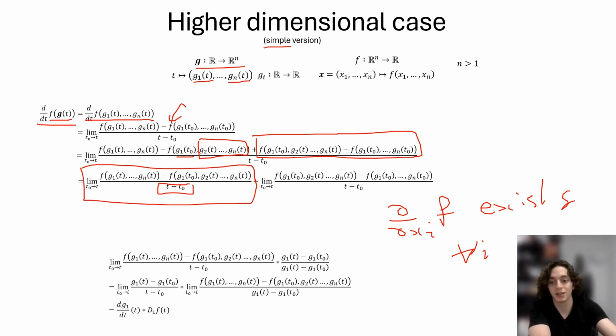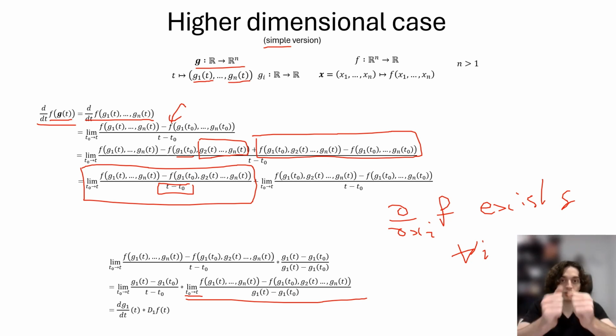This is exactly what we need. So I'll put it down here. This limit here, where we take the numerator and denominator, turns out to just be the derivative of g1 with respect to t, evaluated at t. And then, oh, here I made a bit of a mistake. This limit over here is going to be the derivative of f. Note that we're not actually taking the limit as the first component gets arbitrarily close.